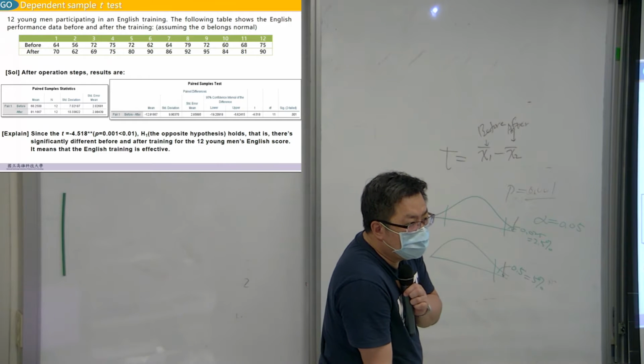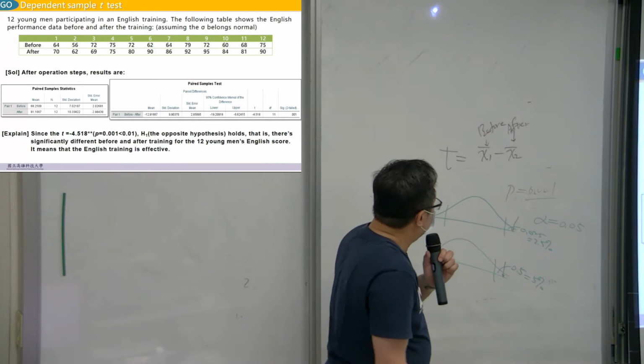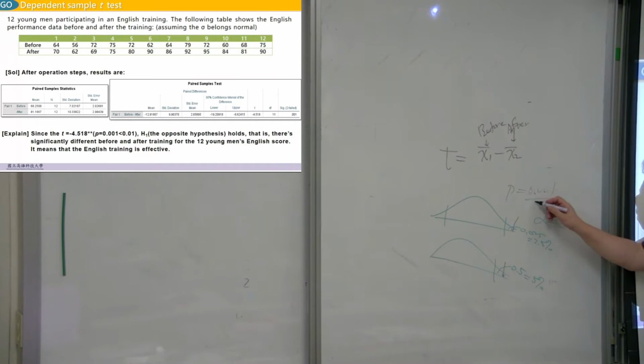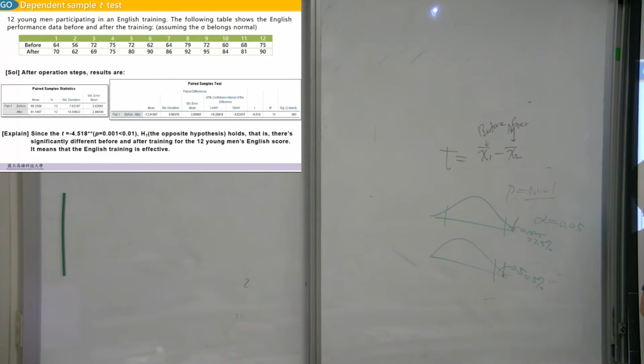Right? You understand? This value is your p value. Regardless of one way or two way, this value is very small compared to alpha, or even alpha divided by 2. You understand?